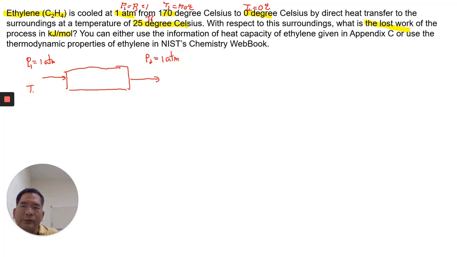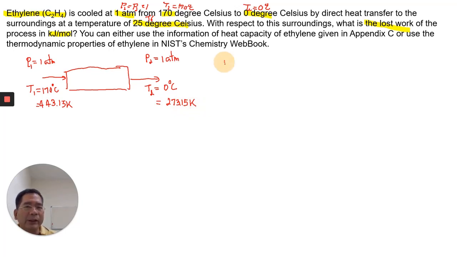Then this temperature is 170 degrees Celsius, or in Kelvin, it will be 443.15 Kelvin. And it will exit the process now at 0 degrees Celsius, or in Kelvin, it is 273.15 Kelvin.